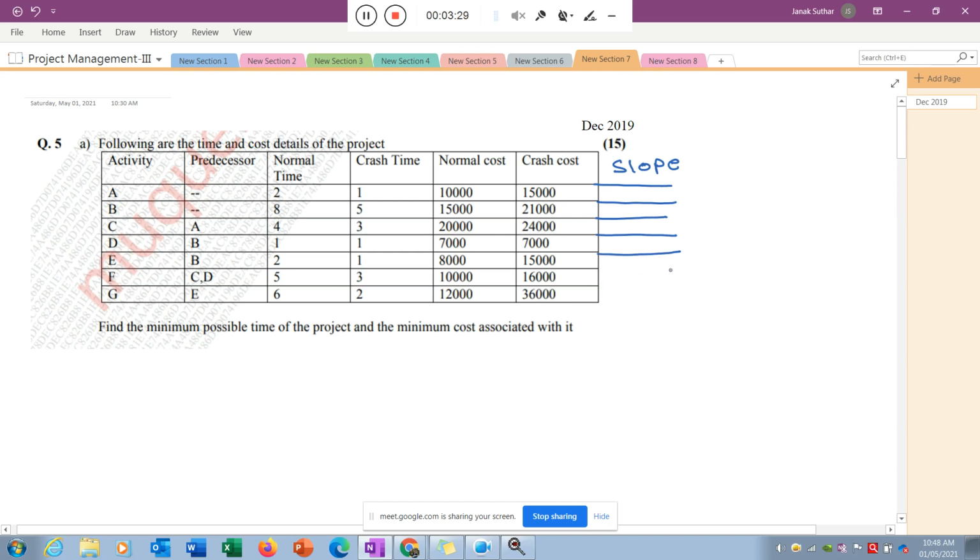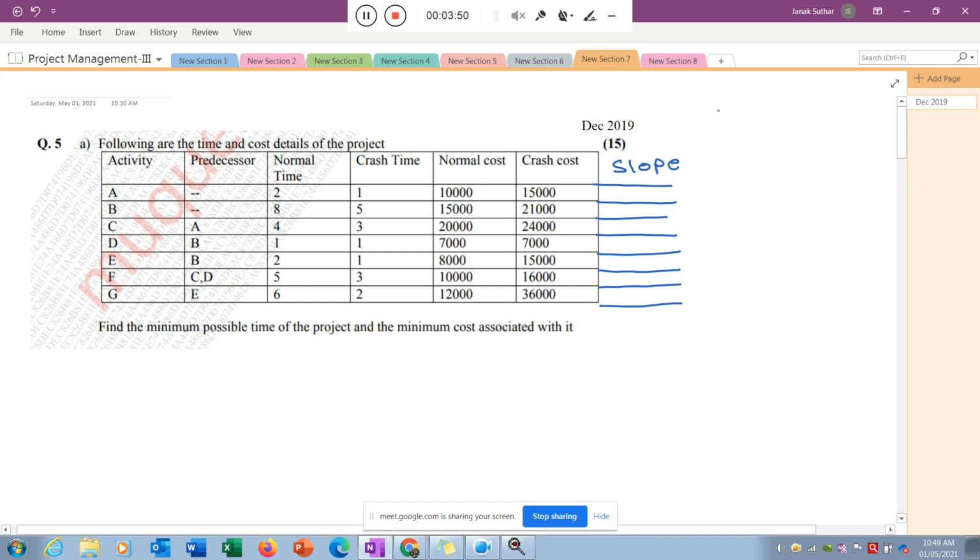Can you calculate what the slope would be for activity A? And how do we calculate the slope?